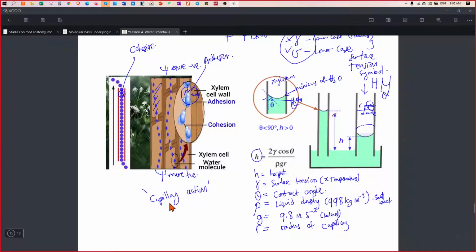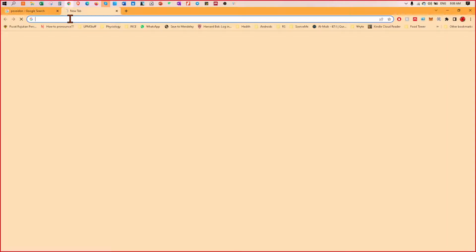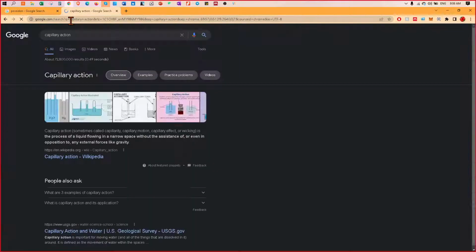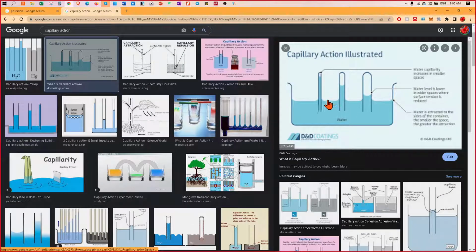Capillary action. I think I can show you something. Remember this experiment from your school? This is the reason why when the capillary is smaller, the water can travel very far upward compared to when the capillary is a lot bigger.